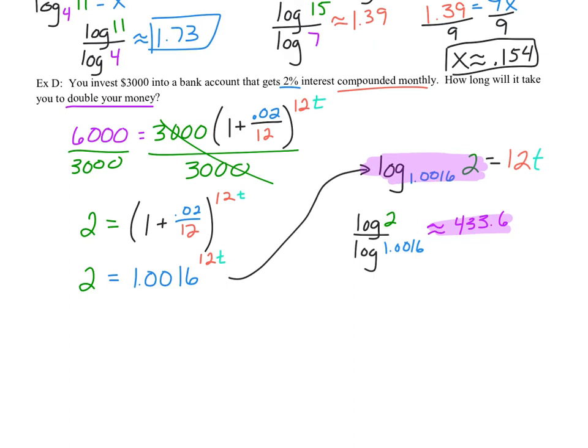So I want to take it and set it equal to my 12t. 433.6 equals my 12t. So how do I get t by itself? I divide by 12. So my time, my years it takes, holy crap, about 36.125 years to double your money with that interest rate. Whew, it's a long time to just get double your money.